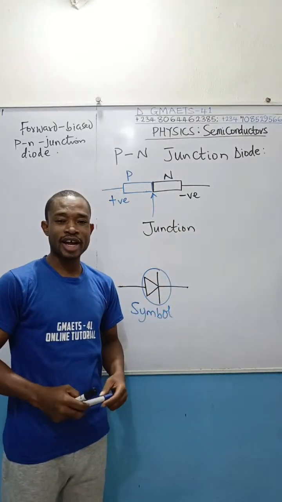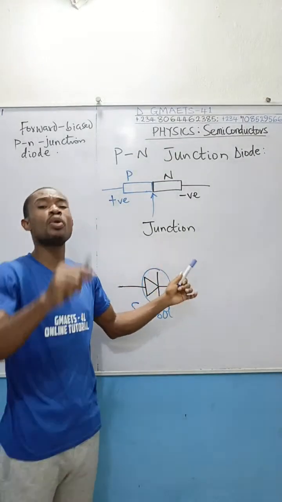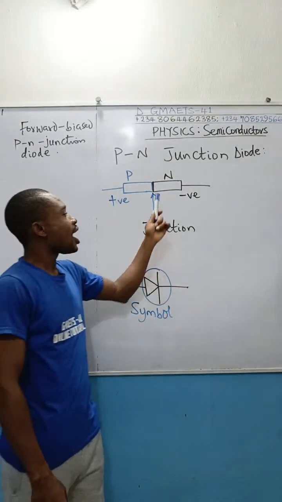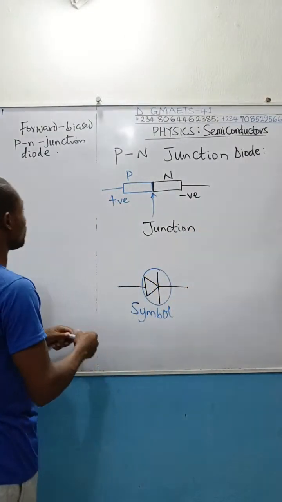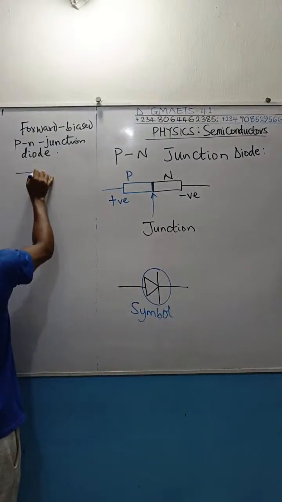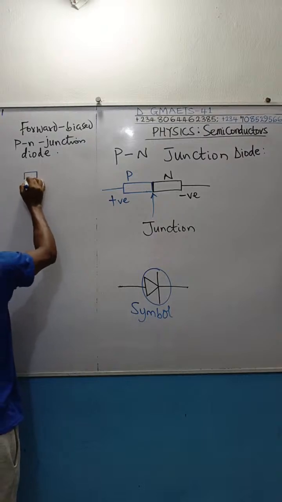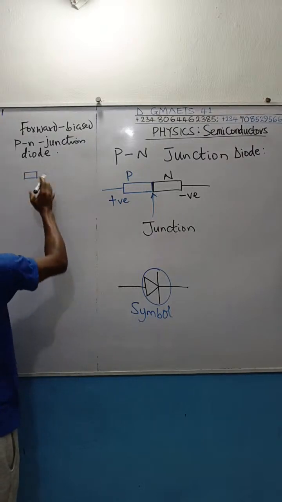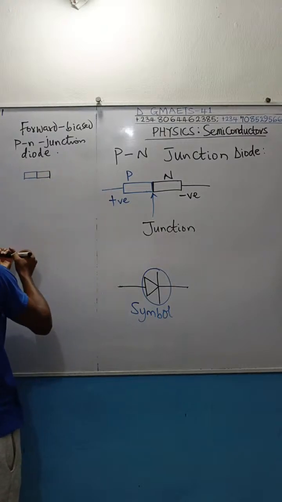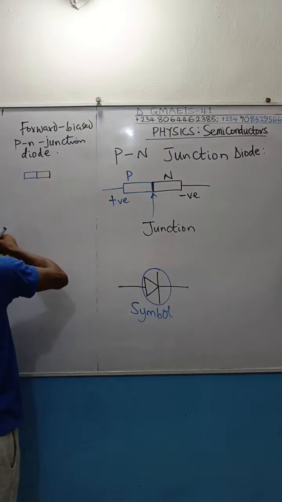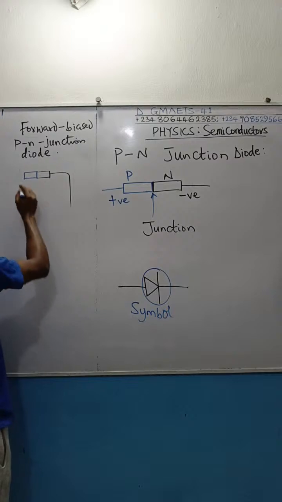What do I mean by accordingly? The P-type will be connected to the positive terminal of the cell, and the N-type will be connected to the negative terminal of your cell. So we have something like this. Under this condition, you refer to the connection as forward biased.